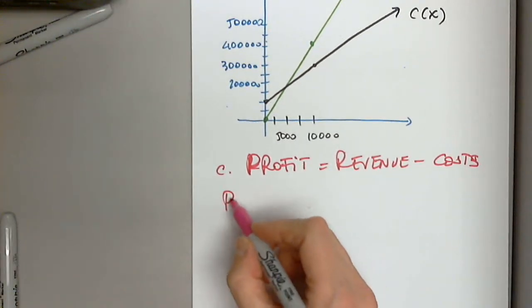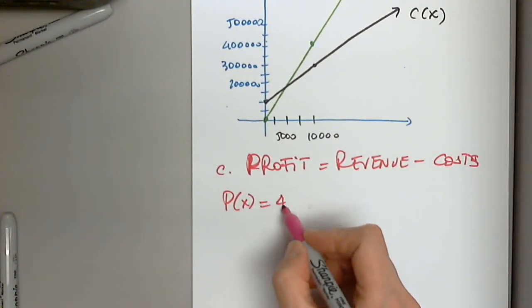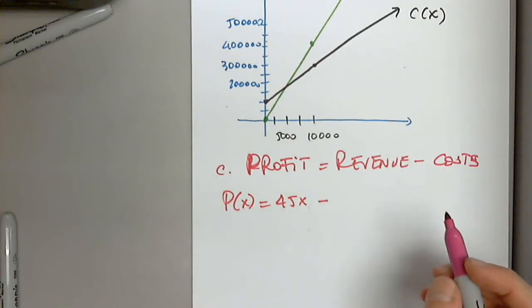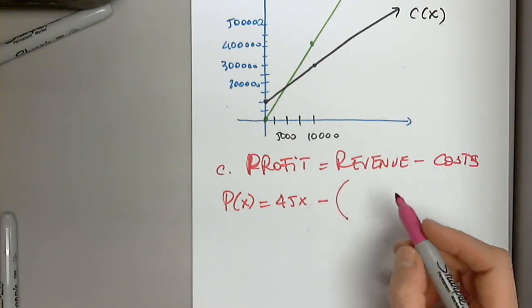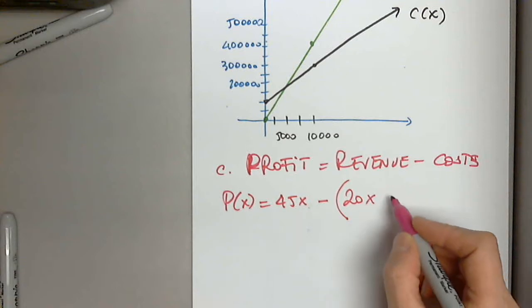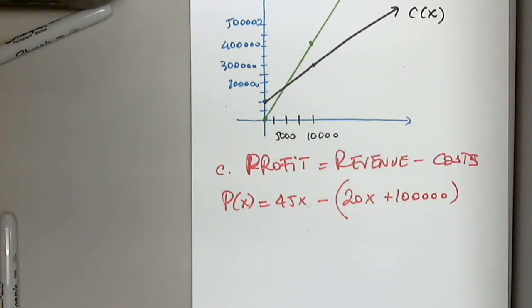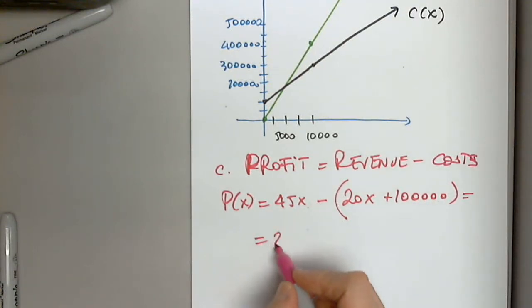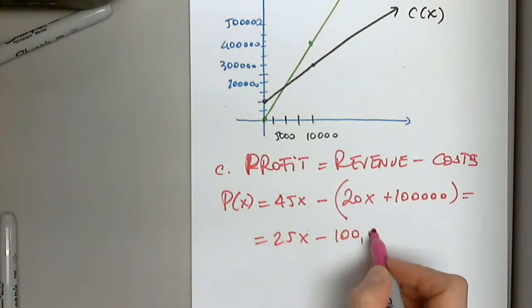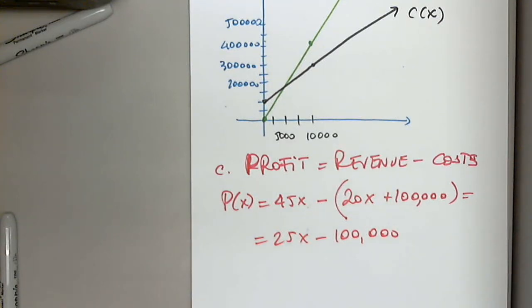So P of X, revenue is 45X minus, in parentheses, be very careful, 20X plus 100,000, because we must subtract from the revenue the total cost, not just the fixed and not just the variable. Then I will have 25X minus 100,000. This is the profit function, 25X minus 100,000.